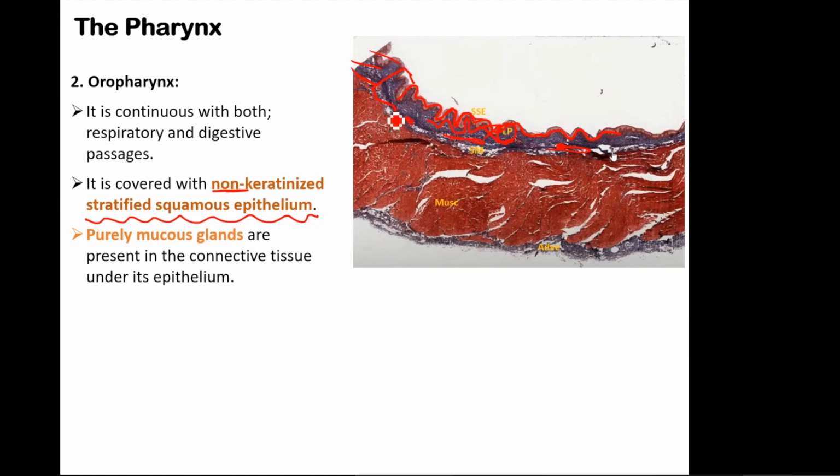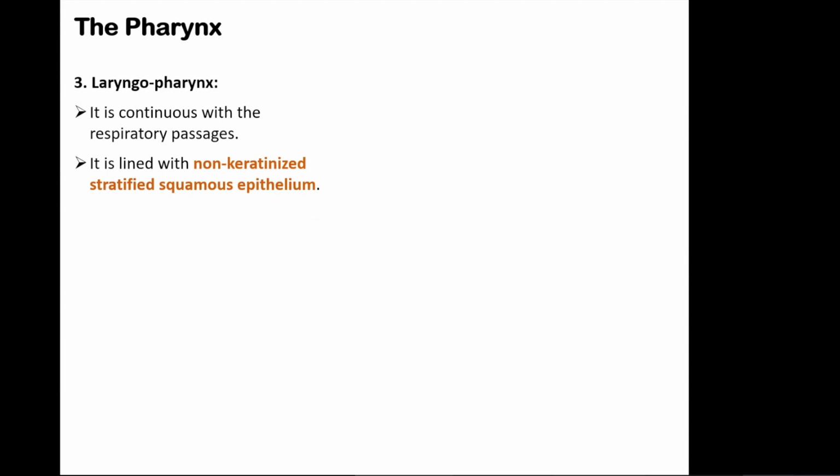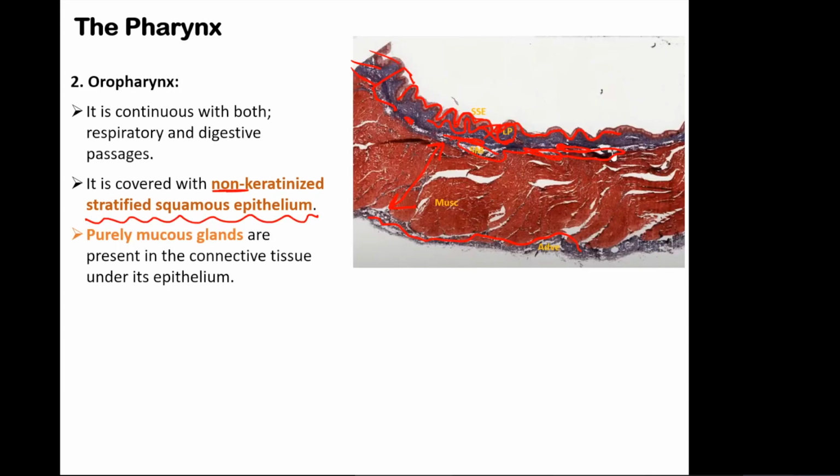The second layer will be submucosa, with lymphatics and glands. Deep to it, we have the muscularis, and outside we have the adventitia that connects the pharynx to the surrounding structures.